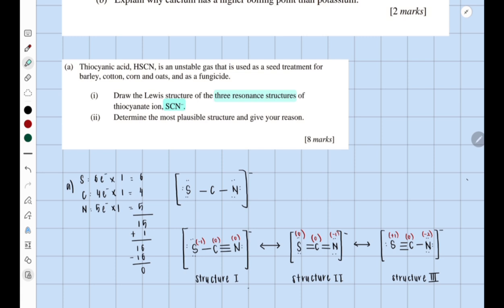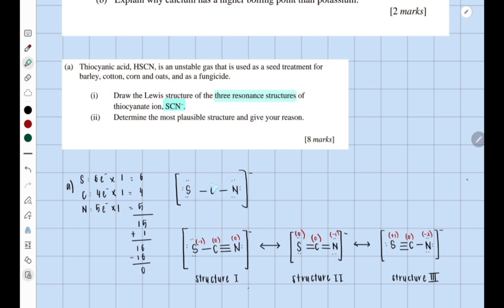Then we need to sketch the basic structure. We need to decide which is the center atom. Since C is less electronegative compared to sulfur and nitrogen, C needs to be the center atom. The structure will be like this, with the sulfur and the nitrogen bonded to the carbon.